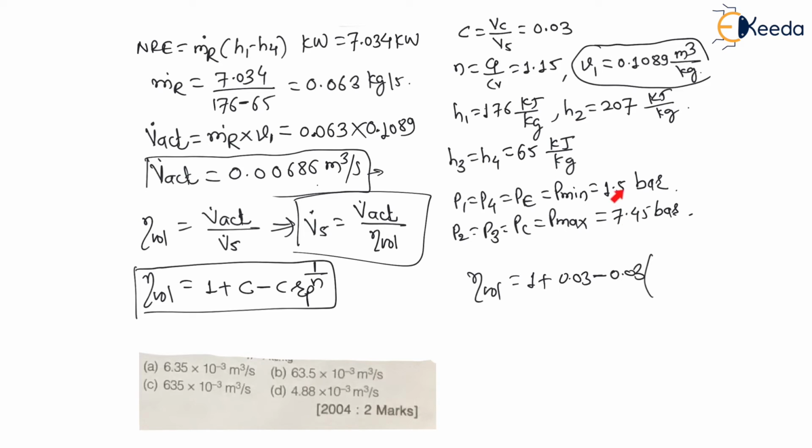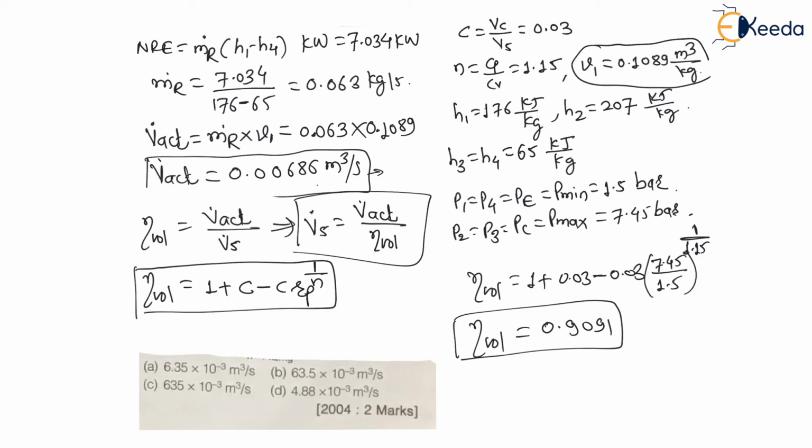Maximum pressure is 7.45 divided by 1.5, the minimum pressure. Therefore, 7.45 divided by 1.5 raised to 1 upon N. N is 1.15, given in the question. Right. Now, all the values are known, let us simplify for volumetric efficiency. You will find 0.9091. This will be the volumetric efficiency.